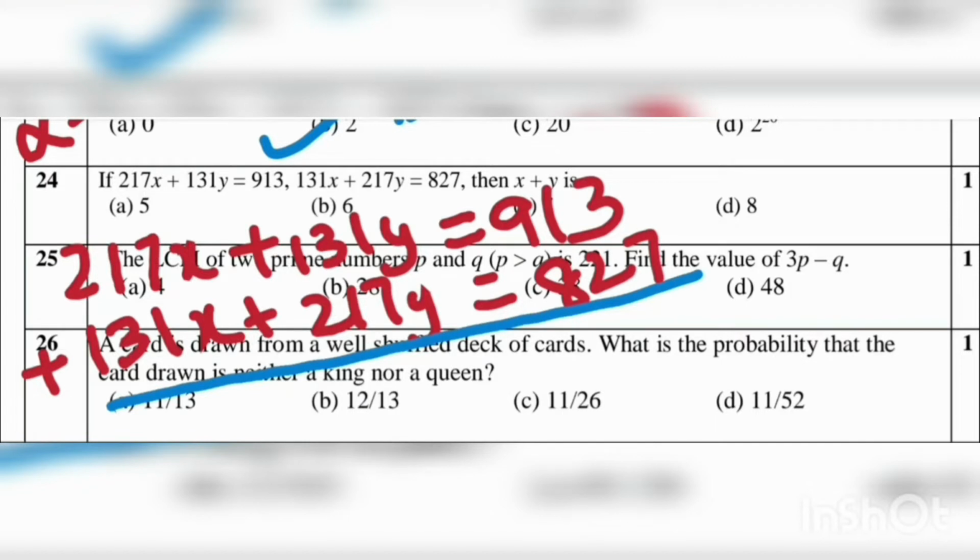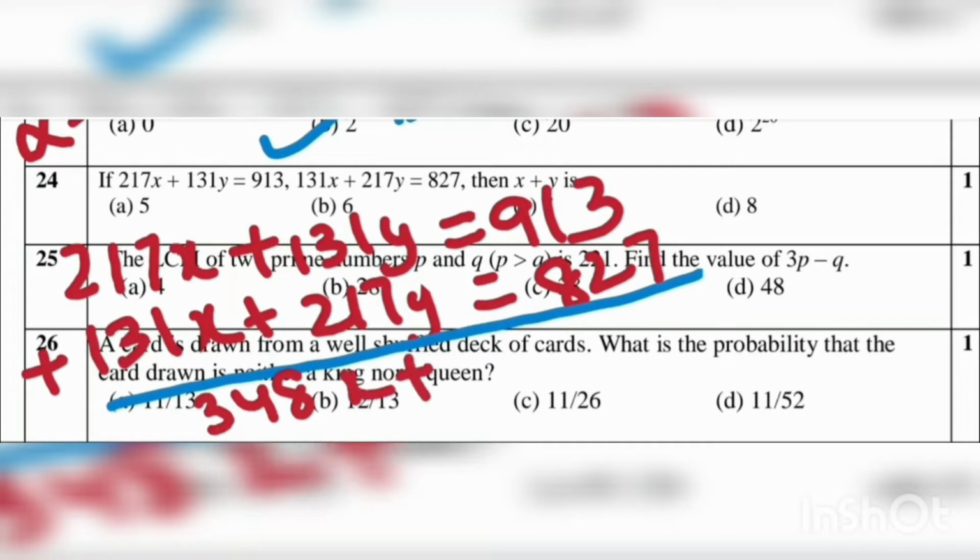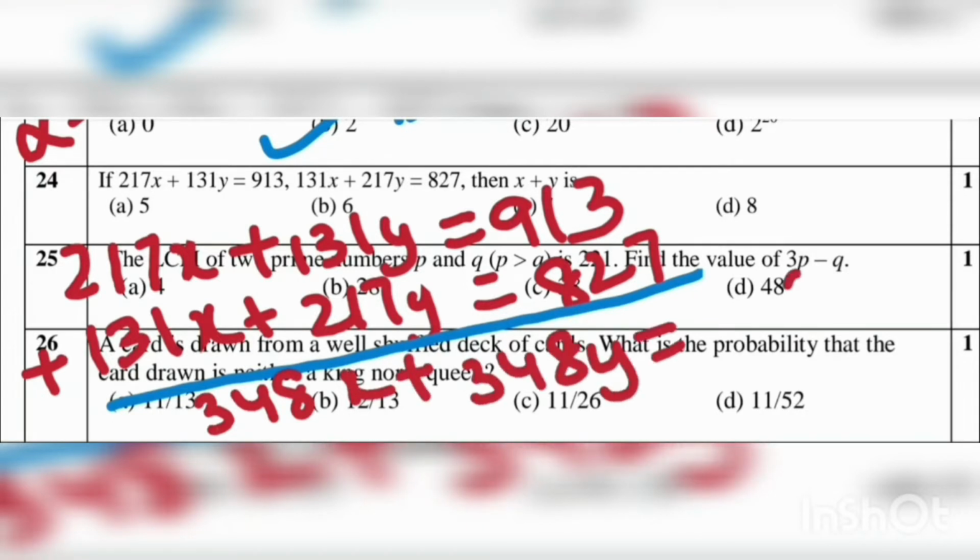We will get 348x plus 348y equals, if we solve this, 1740. Now 348 can be taken common from here. So we will get x plus y equals 1740 upon 348.